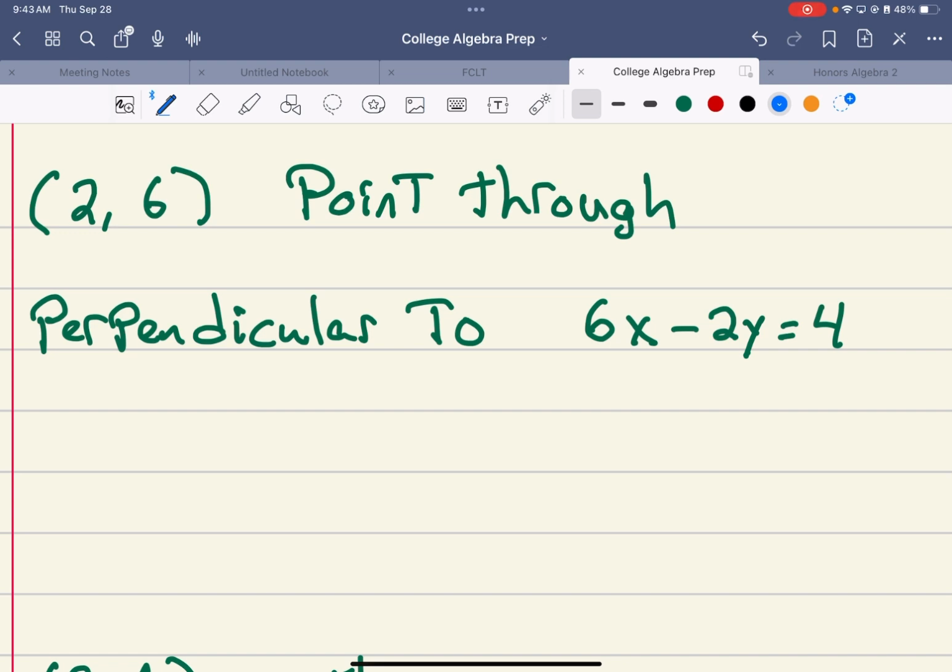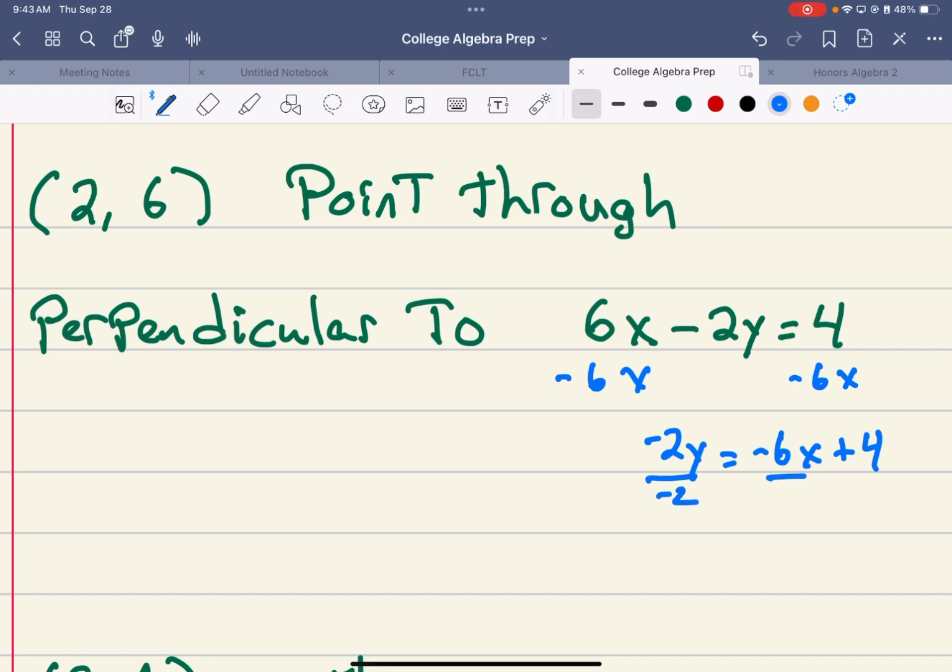Okay? So that means I need to take this and find its slope. So that's got to be the first thing I do. I've got to find the slope of this. So in order to find the slope of it, I got to solve for y. So we're going to subtract 6x from both sides. That leaves me with -2y is equal to -6x plus 4.